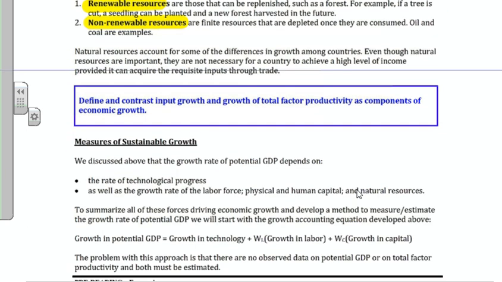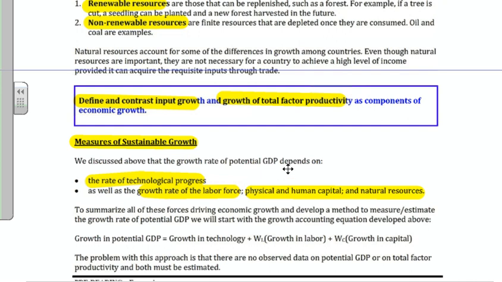Learning outcome statement: define and contrast input growth and growth of total factor productivity, both of them as being components then of economic growth. When we talk about measures of sustainable growth, we spoke about technology, as well as growth in the rate of labor, physical and human capital, and natural resources.